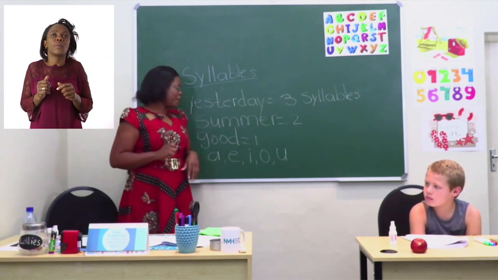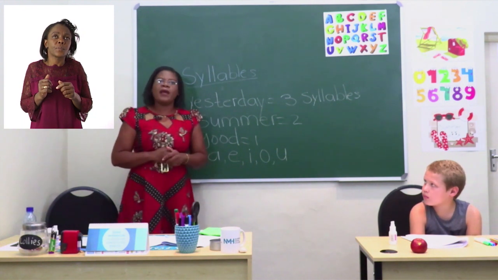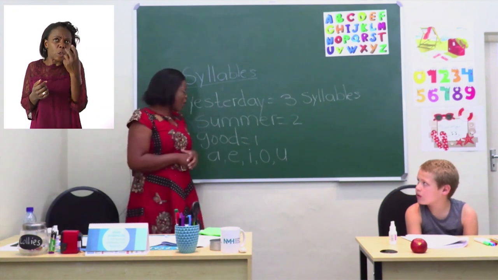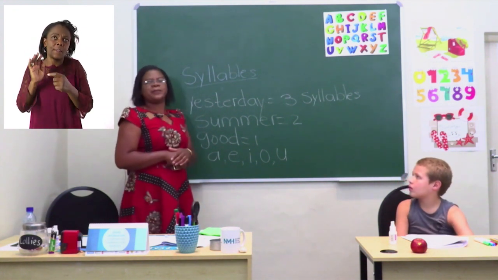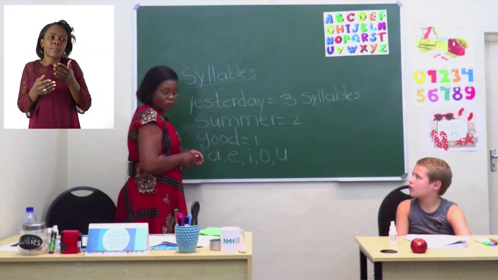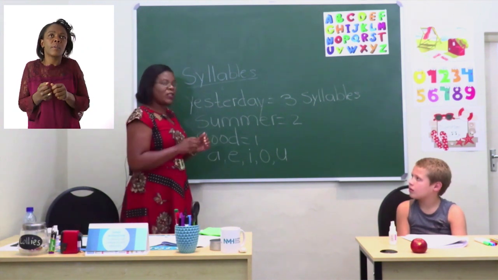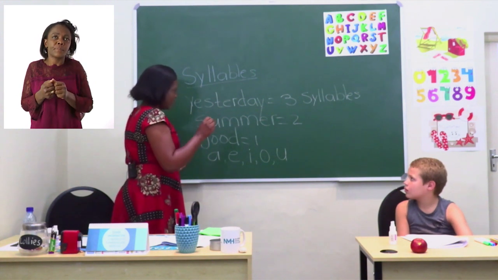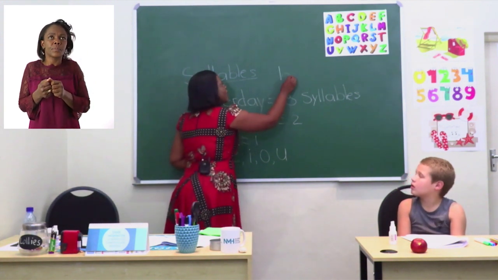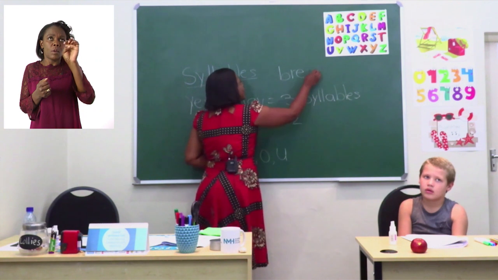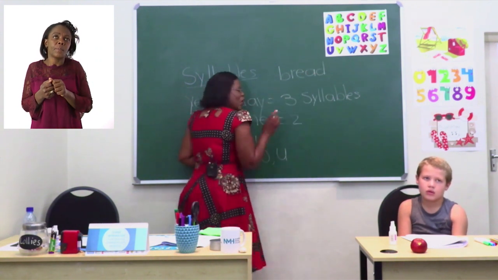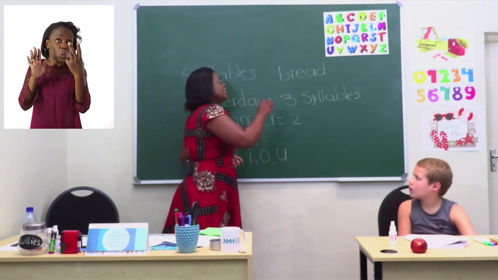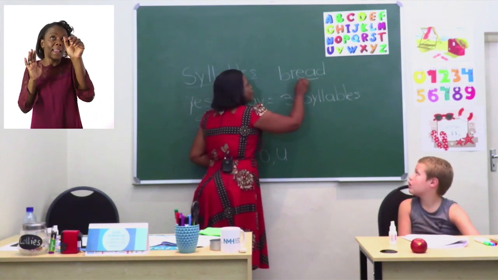Now, one other thing. What about if a word is having 2 vowels coming together? How about if I say bread? How many syllables are going to be in bread? I'm not going to count it, but I just want to check. Okay, how do we write bread? I can write bread. So, if the 2 vowels come together like that, it takes only 1.